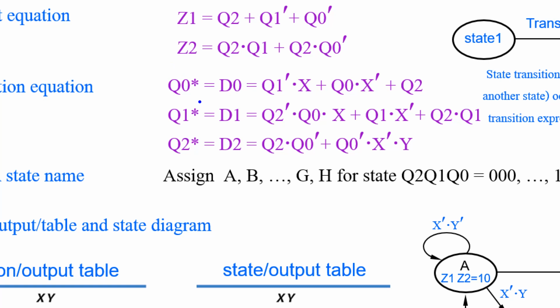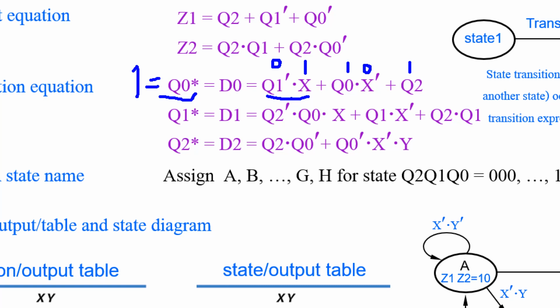For example, if I consider the value of Q0 star, based on this expression in sum of products, you may consider when Q0 star will be 1: when this term is 1, or this term is 1, or this term is 1. That means Q0 star will be 1 when Q1 is 0 and x is 1, or Q0 is 1 and x is 0, or Q2 is 1.